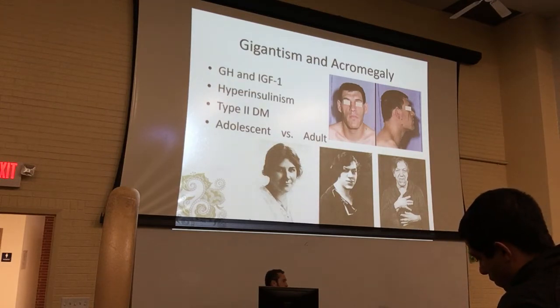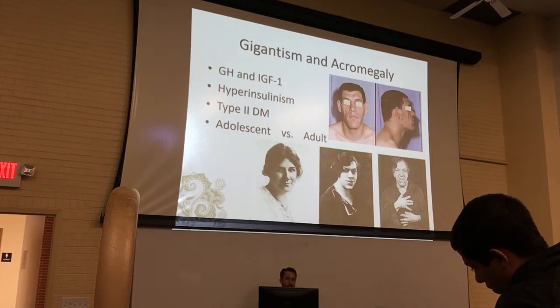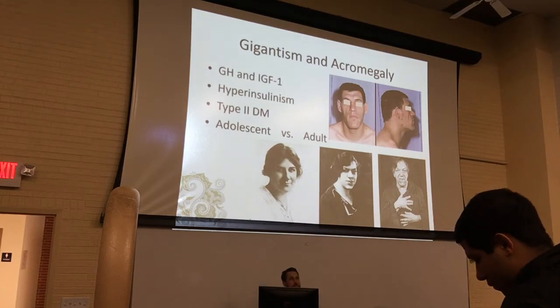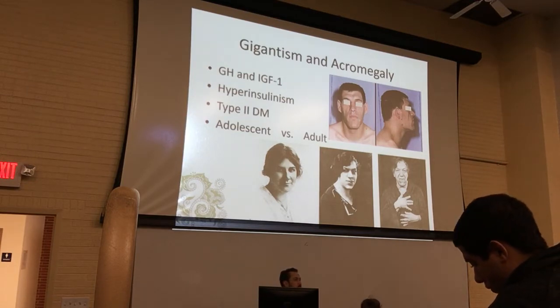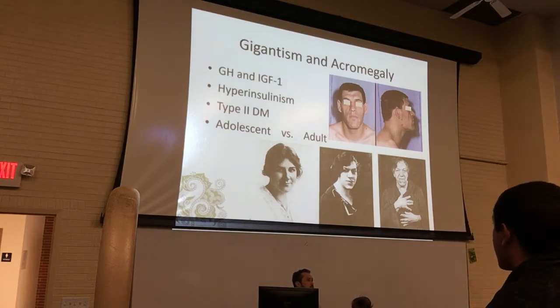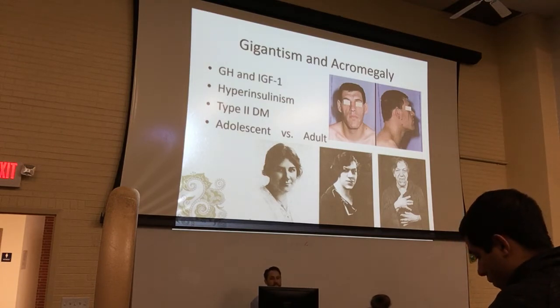So now the patient becomes hyperglycemic with high amounts of growth hormone circulating around. And with the high amounts of sugar in the blood, they develop what's known as hyperinsulinemia, and they start developing characteristics of type 2 diabetes.